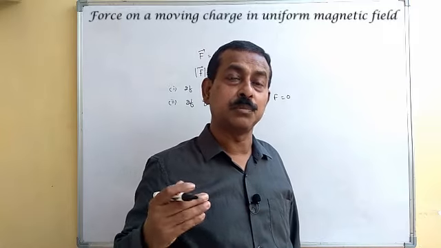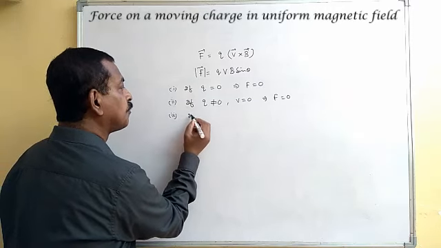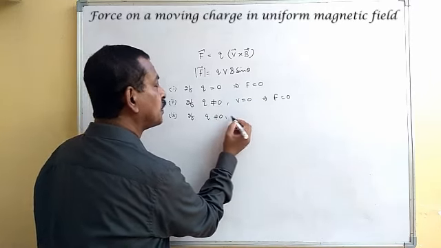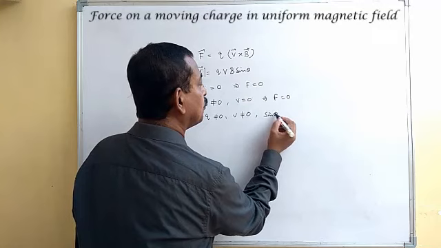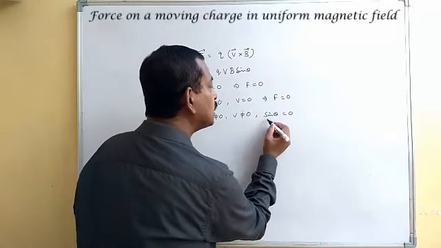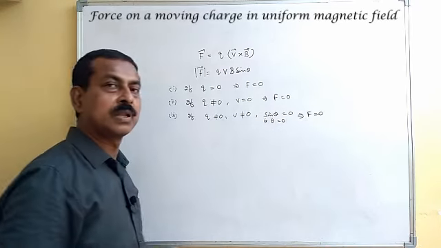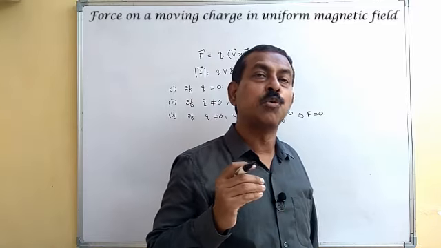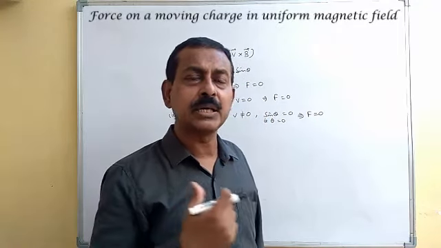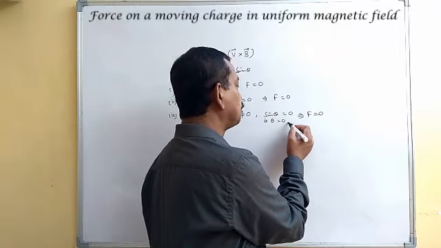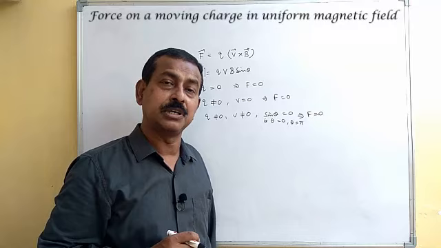But if it is a moving charge, will it experience force? So we take a third case. If Q is not 0, V is not 0, but sine theta is 0, that means theta is 0, then also F will be 0. That means if a charge is moving with a certain velocity, but in the direction of the magnetic field, or in the opposite direction of the magnetic field, it will not experience any force due to the magnetic field.